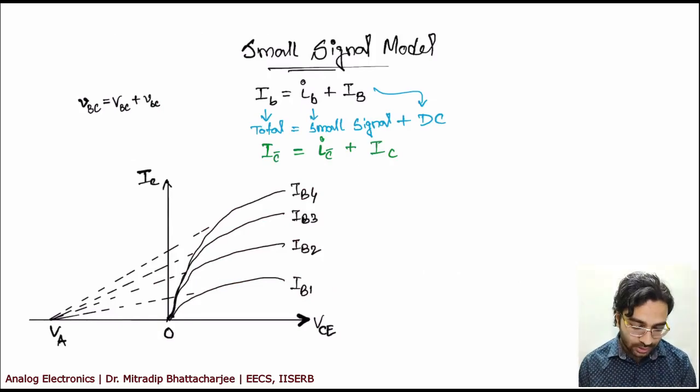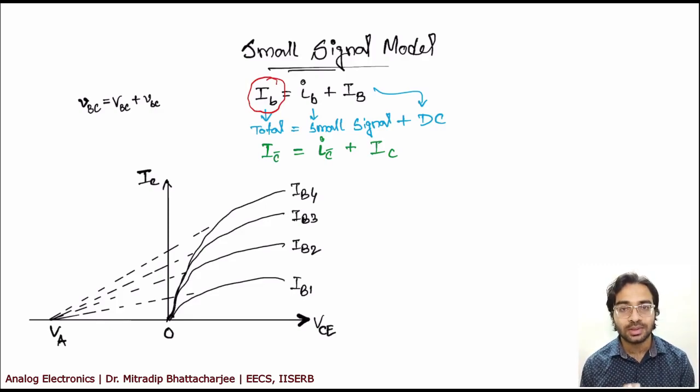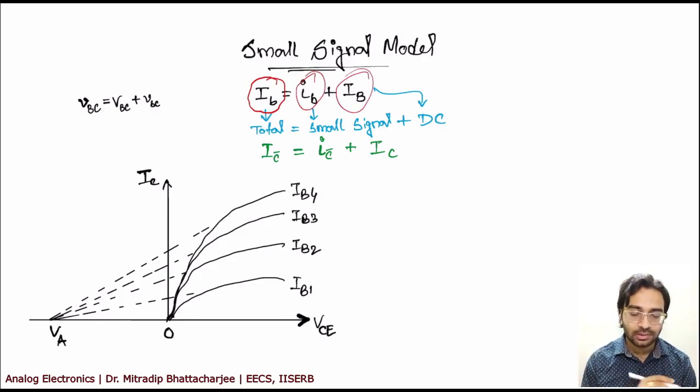Now I also have discussed the output characteristics of the BJT, wherein I have said that we have taken the total current as iB, which is the summation of the small signal, that is the AC current, plus the DC current. This is the summation of both the currents, that is what your total current is.